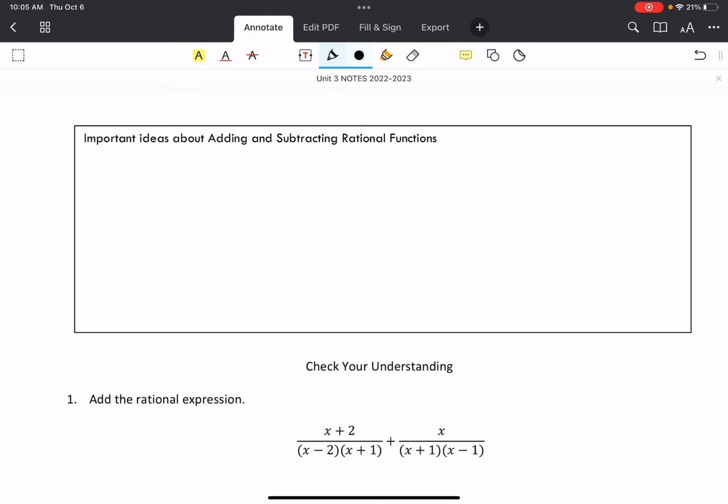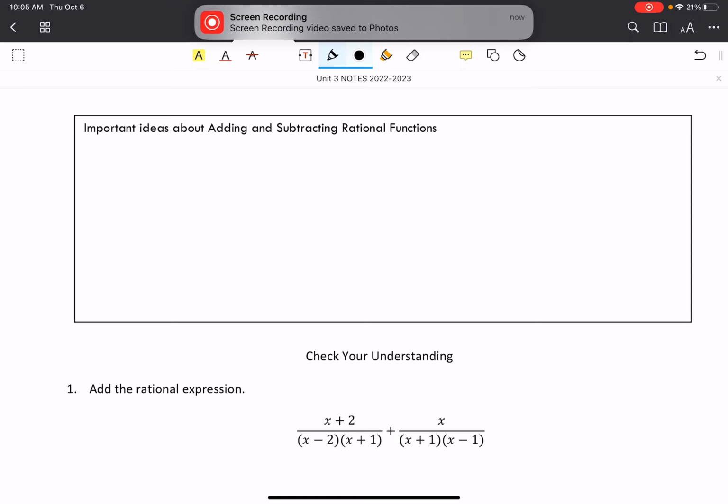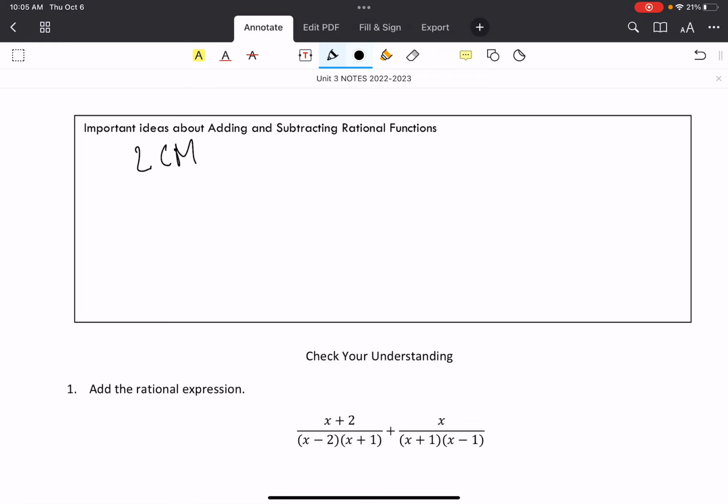Okay, so can someone list important ideas that we've come up with so far? What are some important things we need to know about adding? LCM. What else? Doing the same thing to the top and bottom.